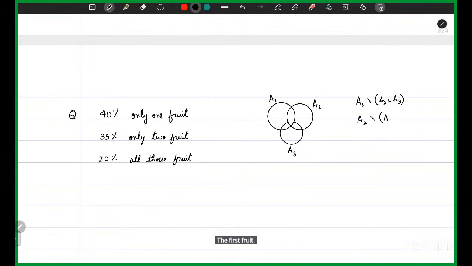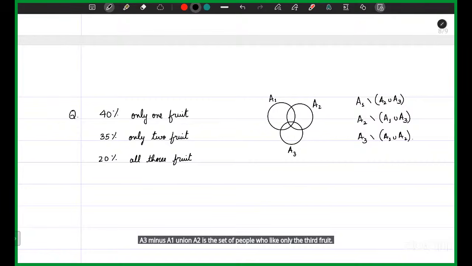A2 minus (A1 union A3) consists of people who like only the second fruit, right? A3 minus (A1 union A2) is the set of people who like only the third fruit. Is this much clear?